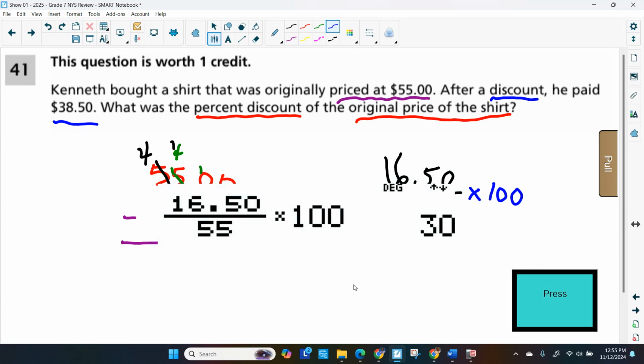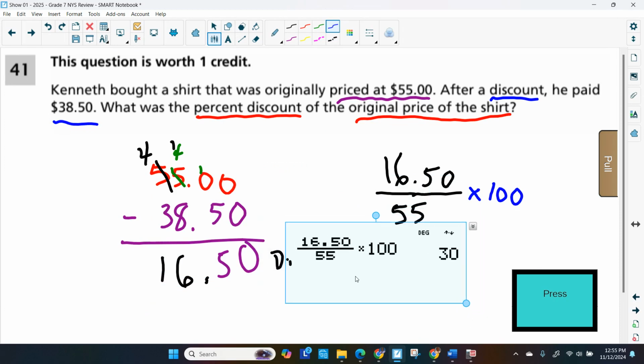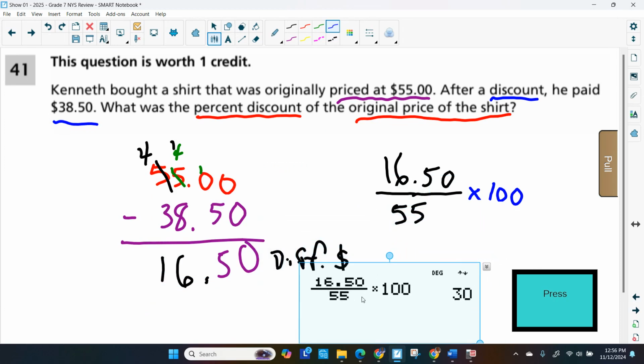So 30%. That was the discount of the shirt. 30%.